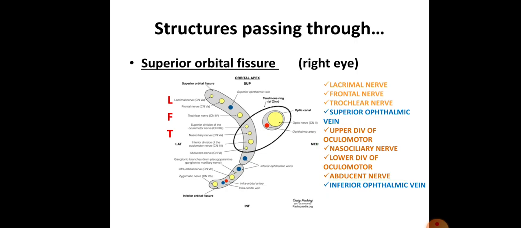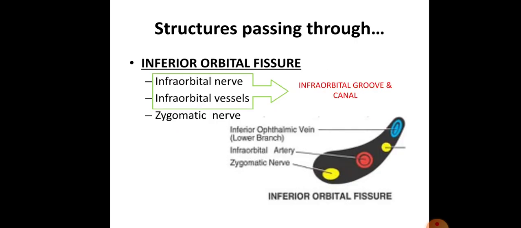And the last, medial-most or lower compartment transmits the inferior ophthalmic vein. Then the inferior orbital fissure transmits the infraorbital nerve and vessels and the zygomatic nerve. This infraorbital nerve and vessels further traverse the infraorbital groove and enter the infraorbital canal.